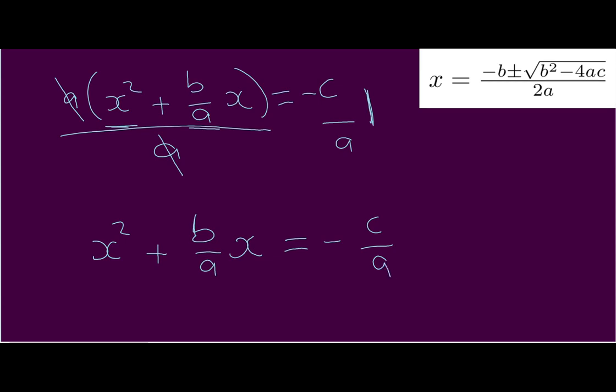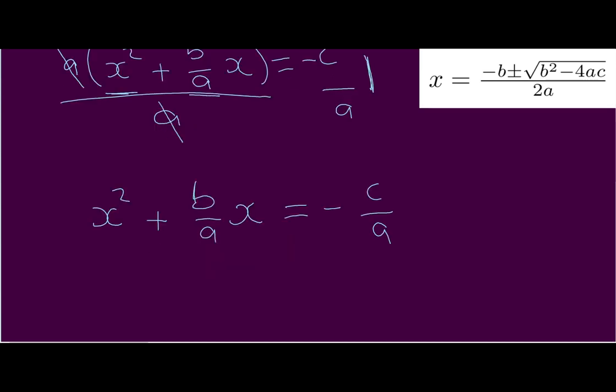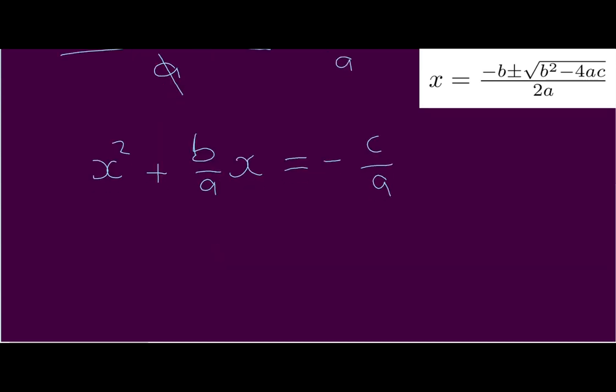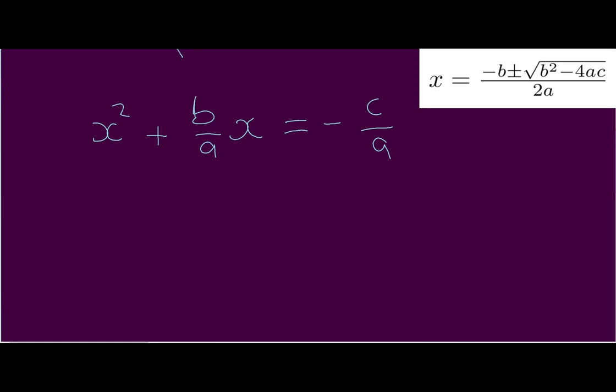So I hope you're still together from here. Then the next step, I'm going to show you how we're going to achieve this method of completing the square in simple steps. The first step is to look at the coefficient of x, the second term, with the coefficient b over a. So the coefficient in this regard is b over a.